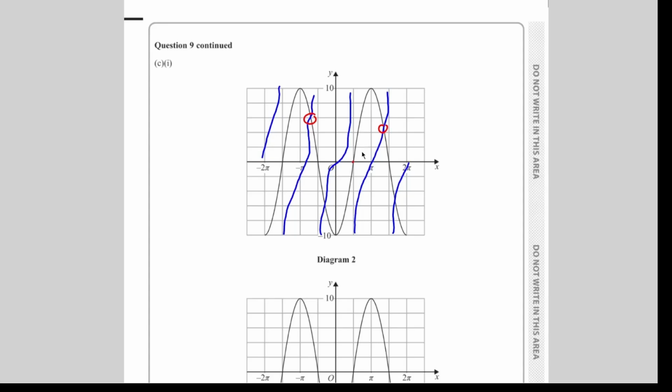For this side, 1, 2. For 2 pi, we are getting two intersecting points.